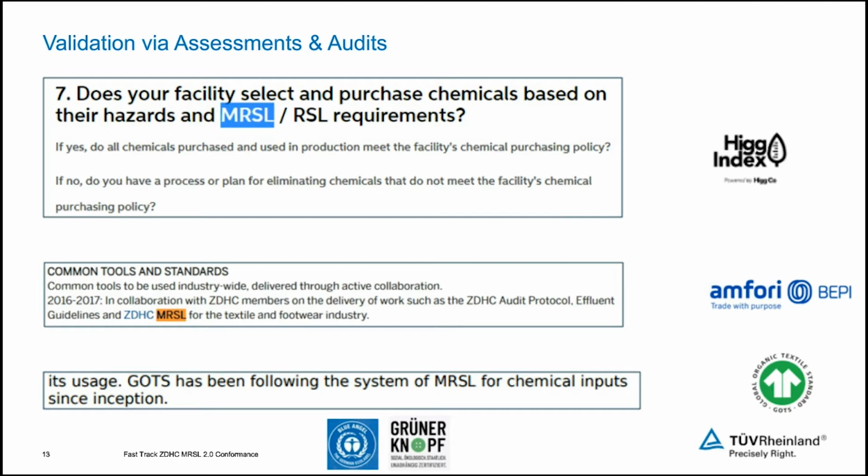Then we also have questions like what the ecosystem for MRSL looks like, who will end up using it, and how it can be used by mills and brands. These are exactly the kind of questions that my colleague Mr. Stefan Tumpner will address. Stefan, if you could please enlighten us.